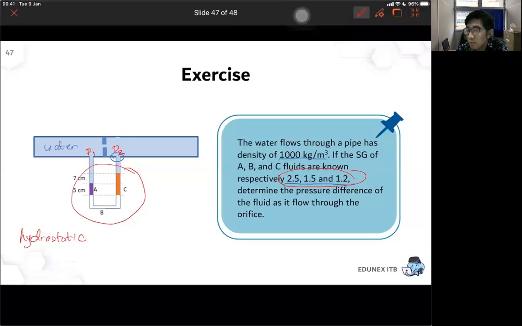If you see this kind of arrangement, in the border of the white fluid and the purple fluid, and the white fluid and the orange fluid, the pressure will be the same, sir. Okay, you can take this point, or this one.